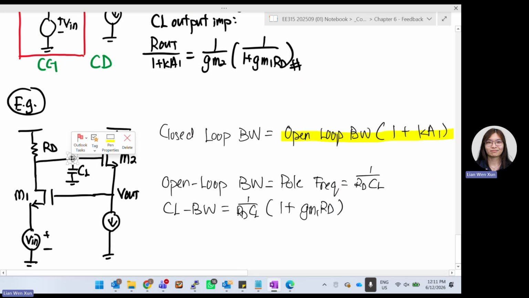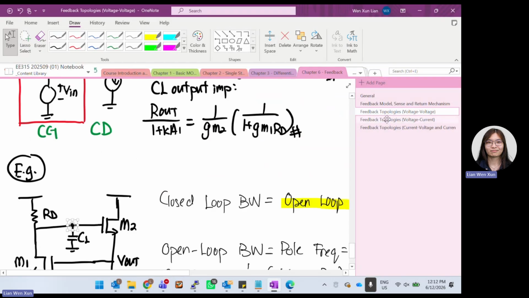I say the bandwidth is 1 over RD CL. But now to find closed loop bandwidth, it will just be 1 over RDCL times 1 plus Ka, where Ka is 1 plus GMRD. So that is modifying the bandwidth.